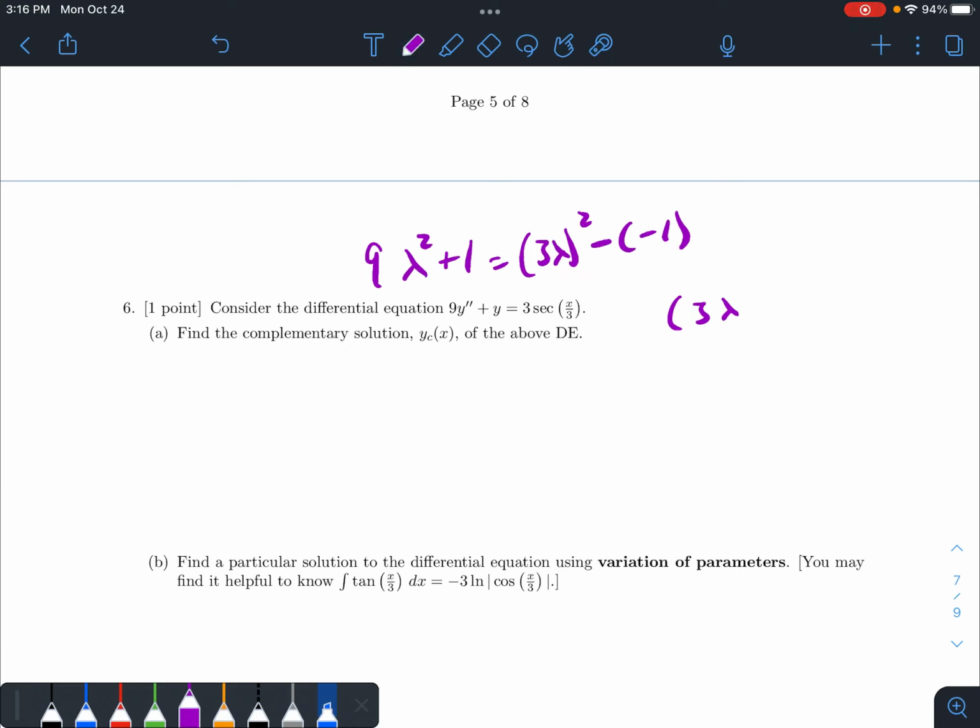So this factors as 3 lambda minus i times 3 lambda plus i.